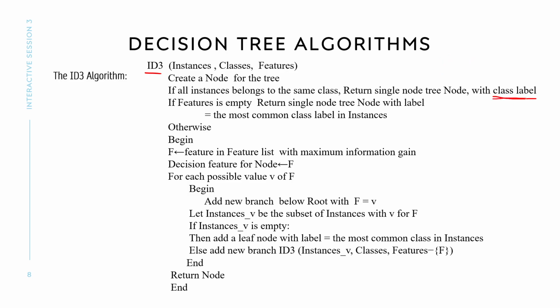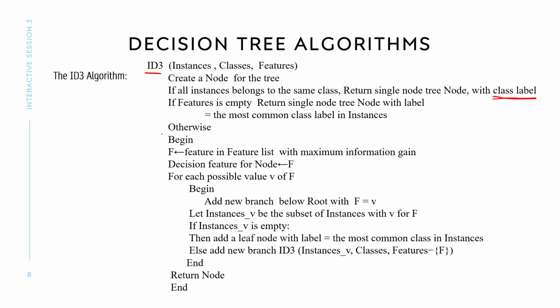Usually for binary classification, it should be like 1 and 0, yes and no. And when I start my ID3 algorithm, if my features are empty, so I have used all my features, then I'll return a single node with the most common label in the instances.